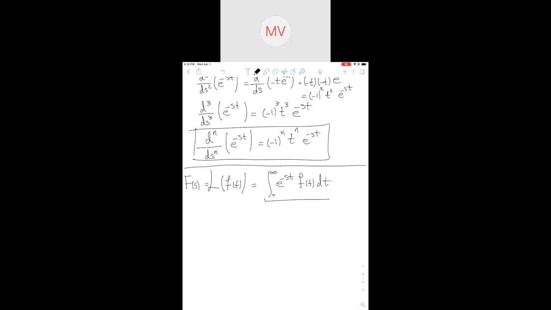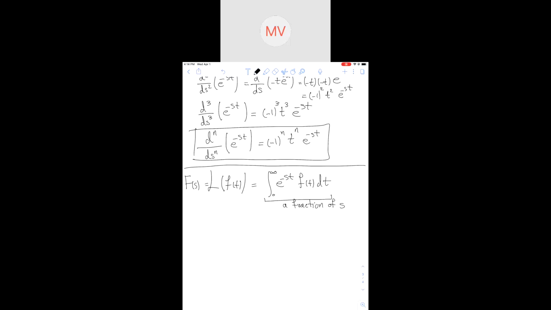So with that definition, this is a function of what variable? What's the variable of that entire function? In fact, it's far left. You can see it. The variable of this function is s. It's right there.